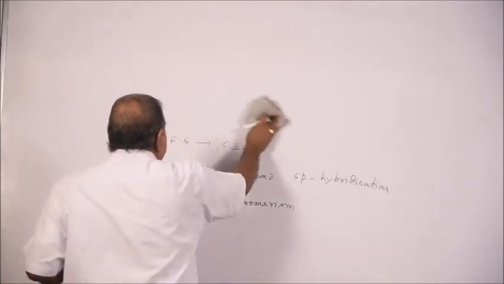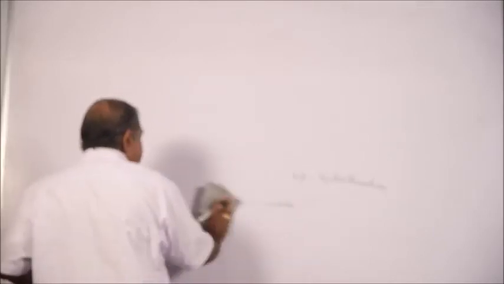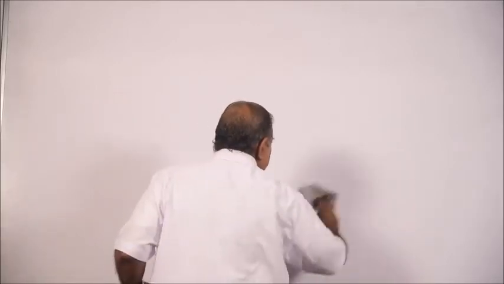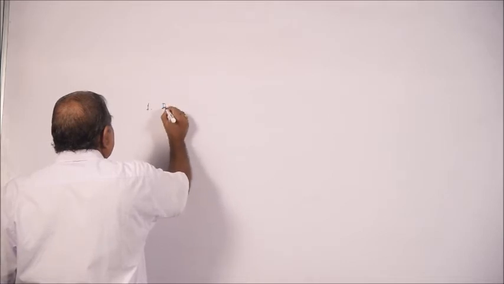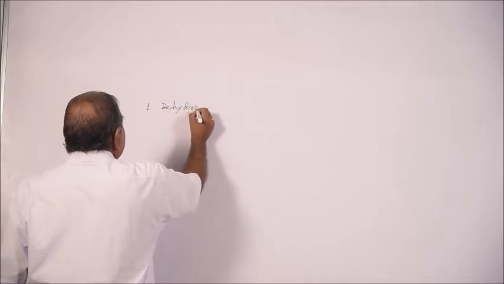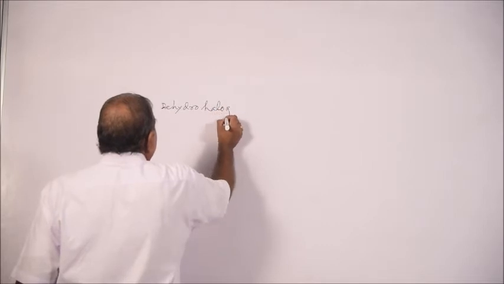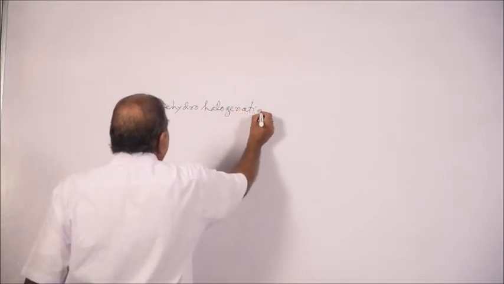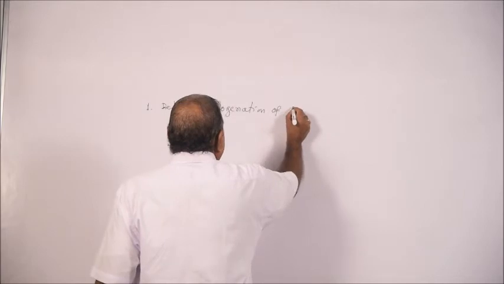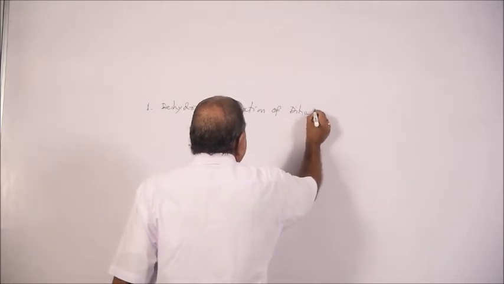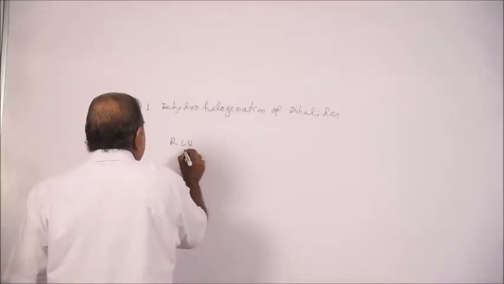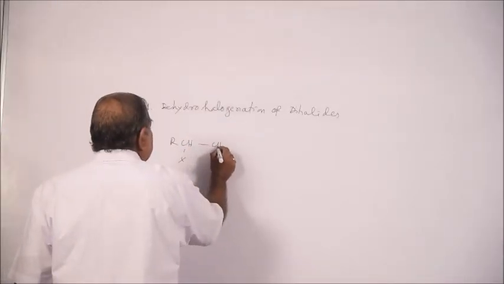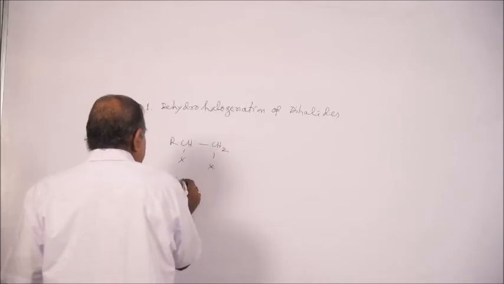Next we shall proceed to different methods of its preparation. Number 1, by dehydrohalogenation of dihalides. You can take a vicinal dihalide or a gem dihalide. Here I have taken a vicinal dihalide.